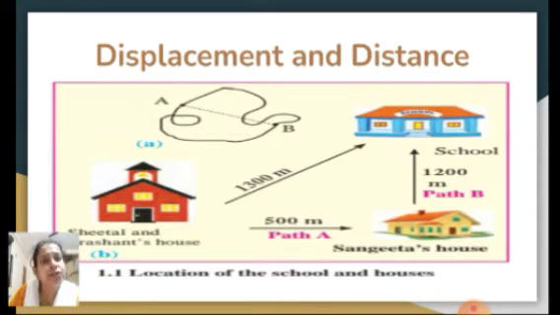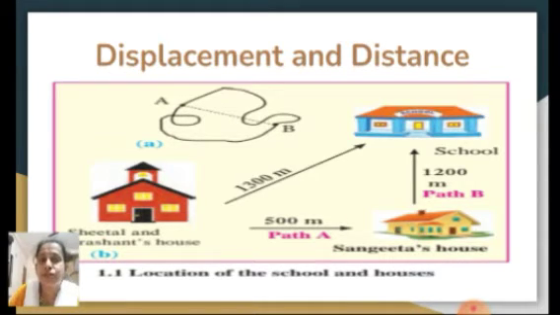So she walks 500 meters plus 1200 meters, that comes to around 1700 meters. Whereas Prashant walks directly from home to the school, that is only around 1300 meters.